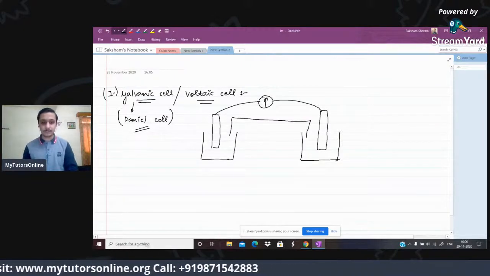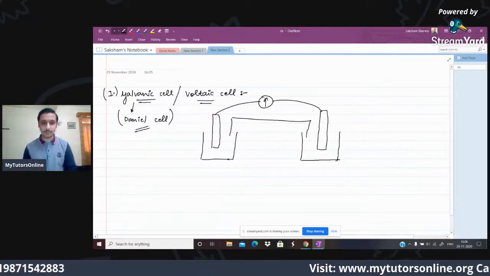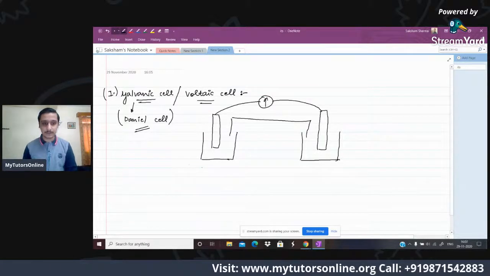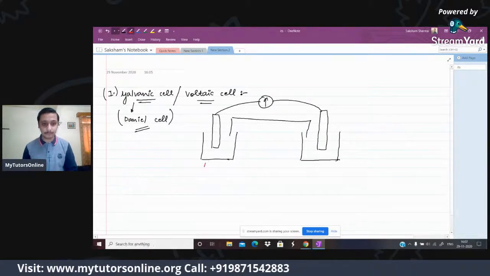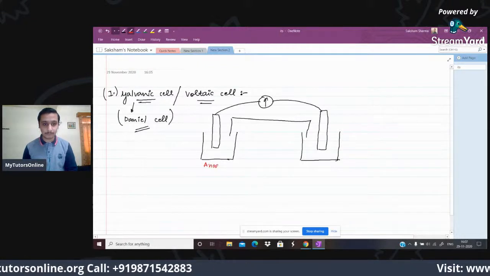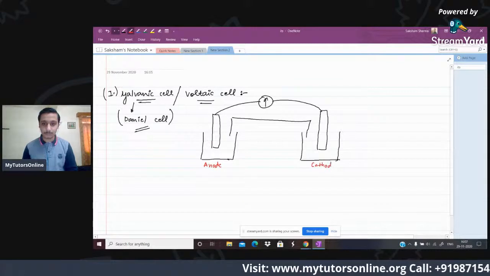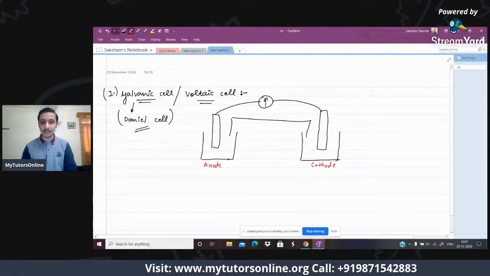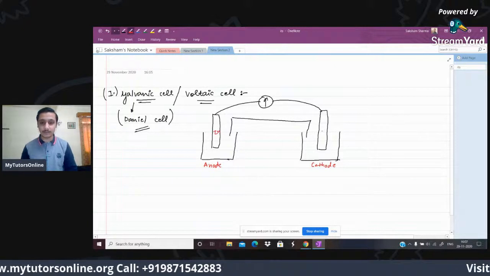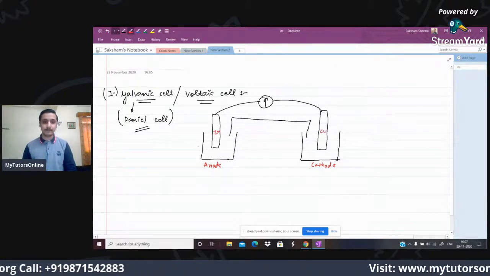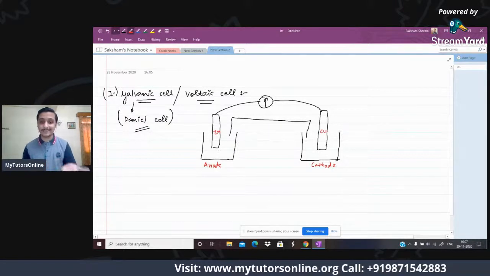Okay. So, in the Daniel cell, you have a cathode and an anode. Now, this part is your anode, and this part is your cathode. In the Daniel cell, your anode is zinc, and your cathode is copper. Why did we take zinc as anode and copper as cathode?